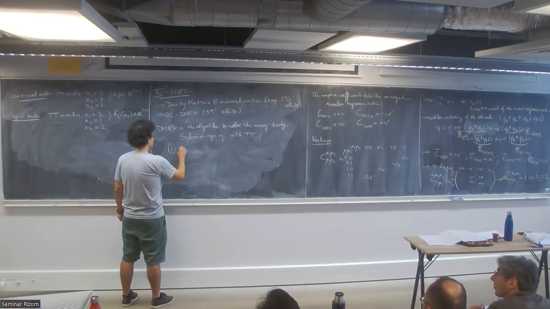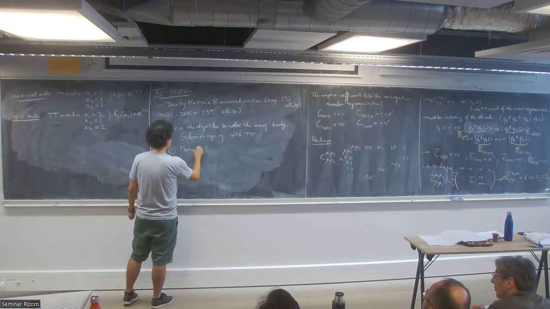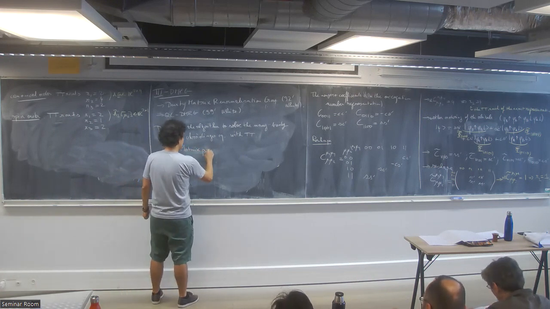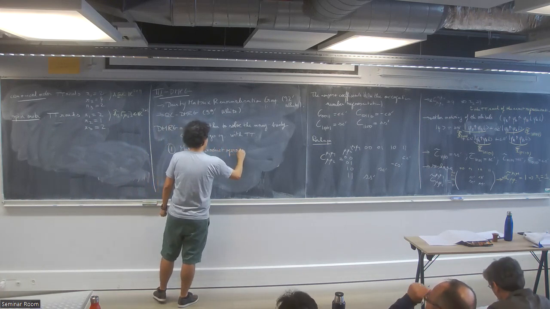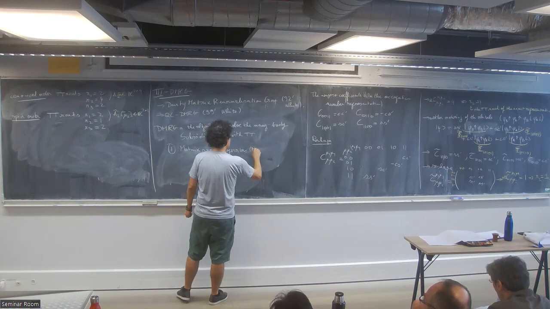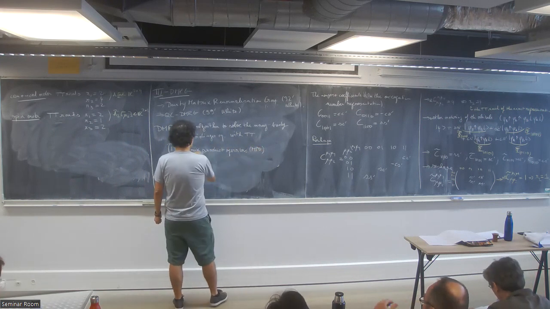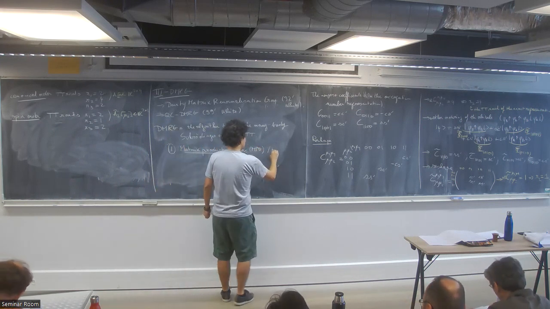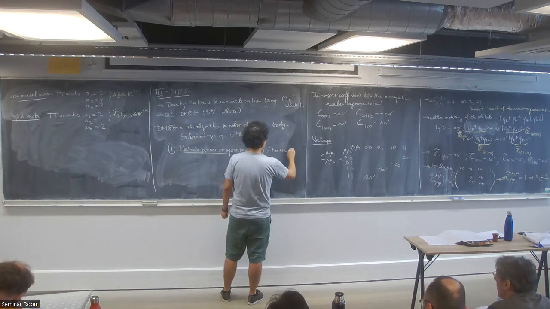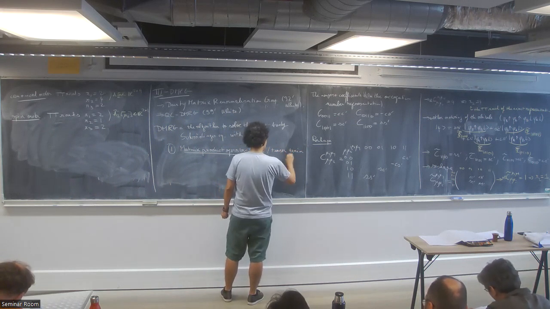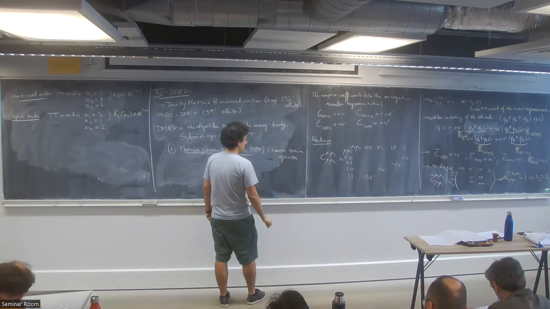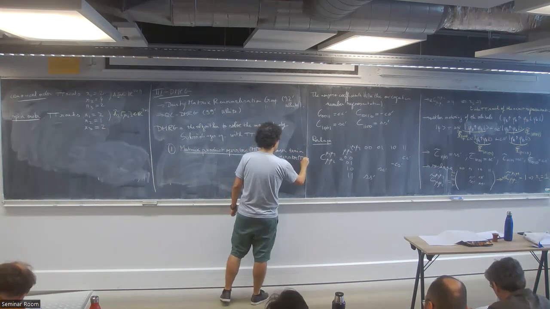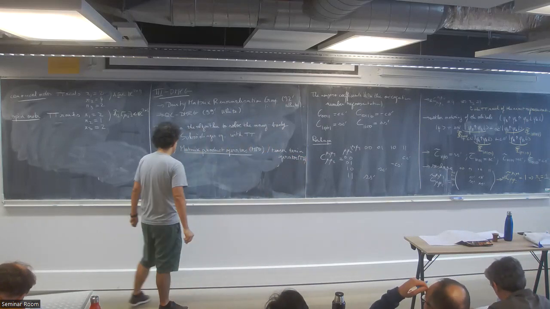Usually they are called matrix product operators, so this is MPO. I'm not sure it's a standard way of calling them, but I call them tensor train operators, so TTO.